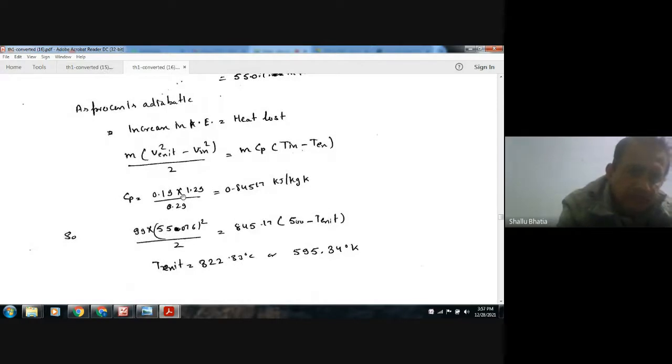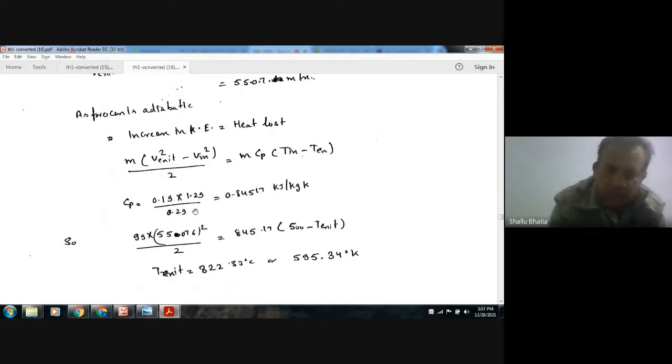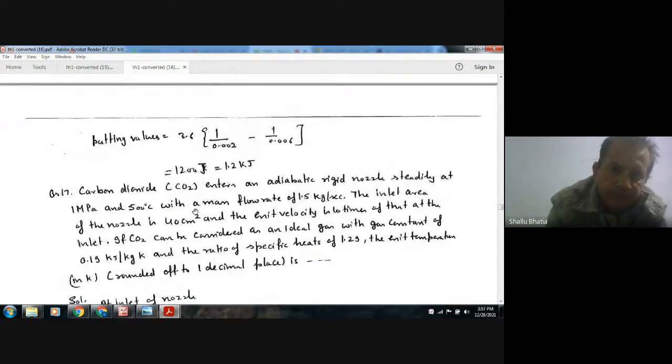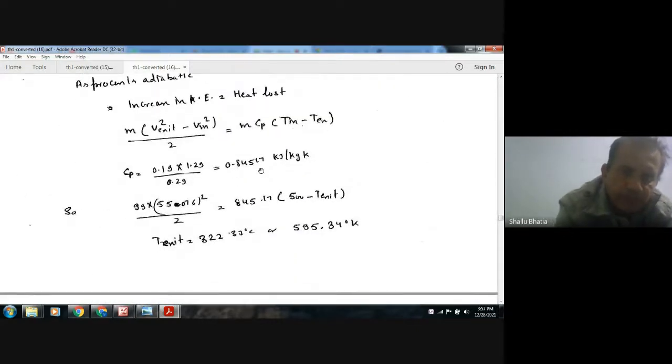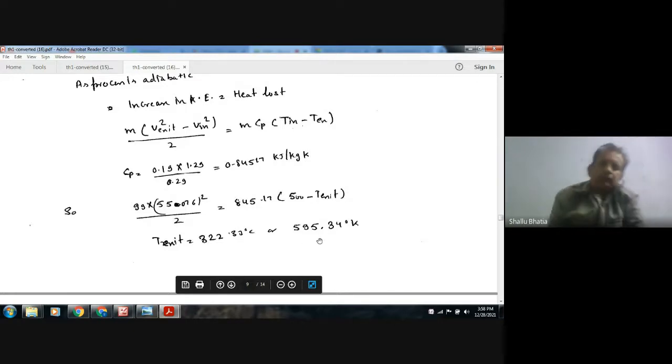So this is R gamma divided by gamma minus 1, where gamma is 1.29. So this answer is 0.84517; Cp here is 0.84517. Putting this value, we can calculate the exit temperature, that is 322.33 degrees Celsius or 595.34 Kelvin.